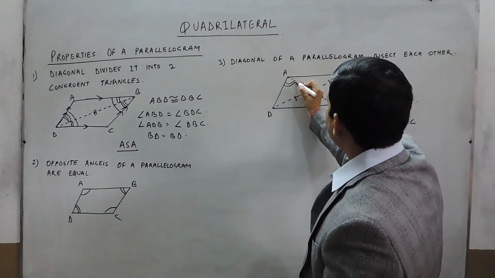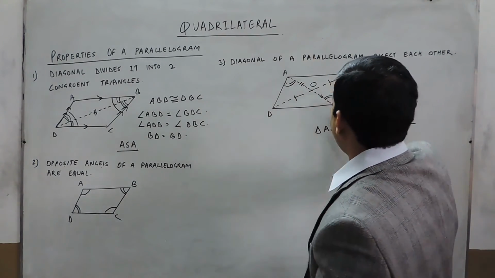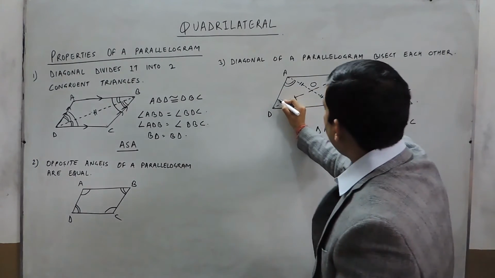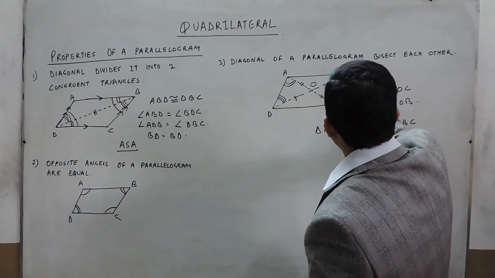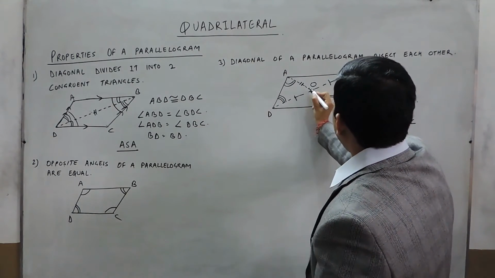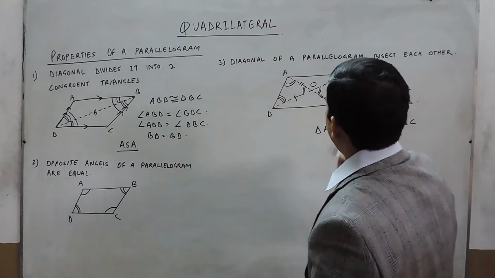Again this angle should be equal to this angle. Again these are two parallel lines and this is a transversal. This angle should be equal to this angle and this angle is equal to this angle.